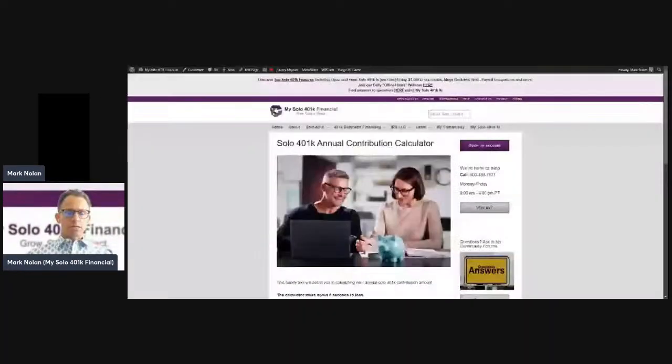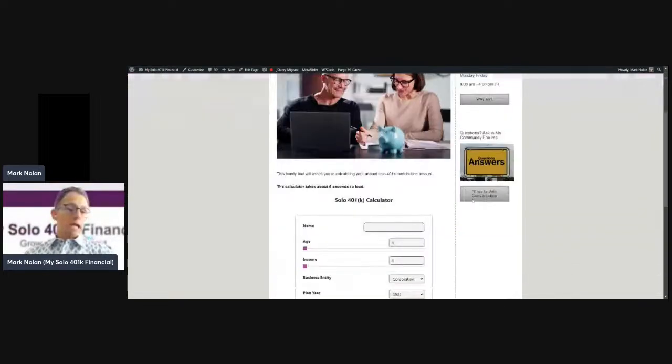Okay, here is our calculator, the solo 401k contribution calculator. So we're going to plug in, again, we're doing a calculation for maximizing voluntary after-tax solo 401k contributions for tax year 2024 for a sole proprietorship or LLC taxed as a sole proprietorship.